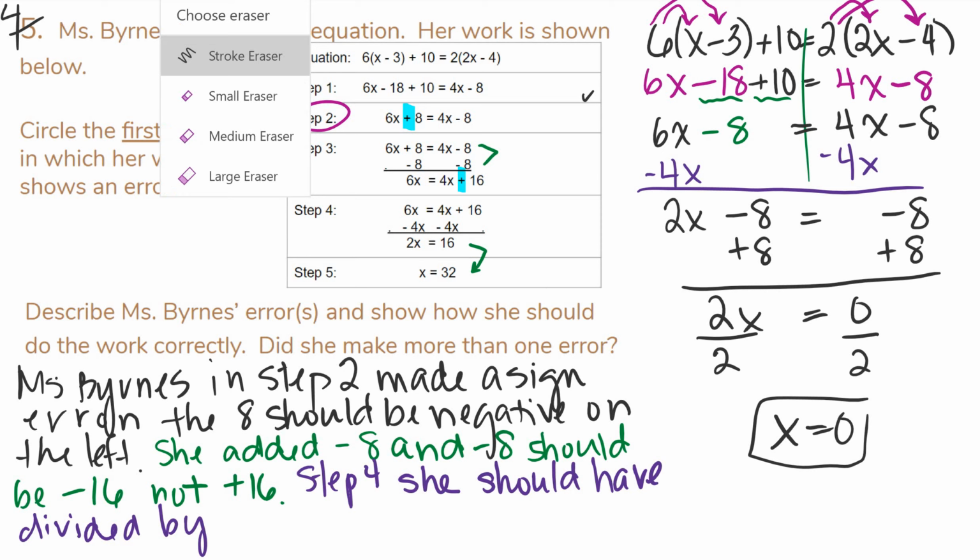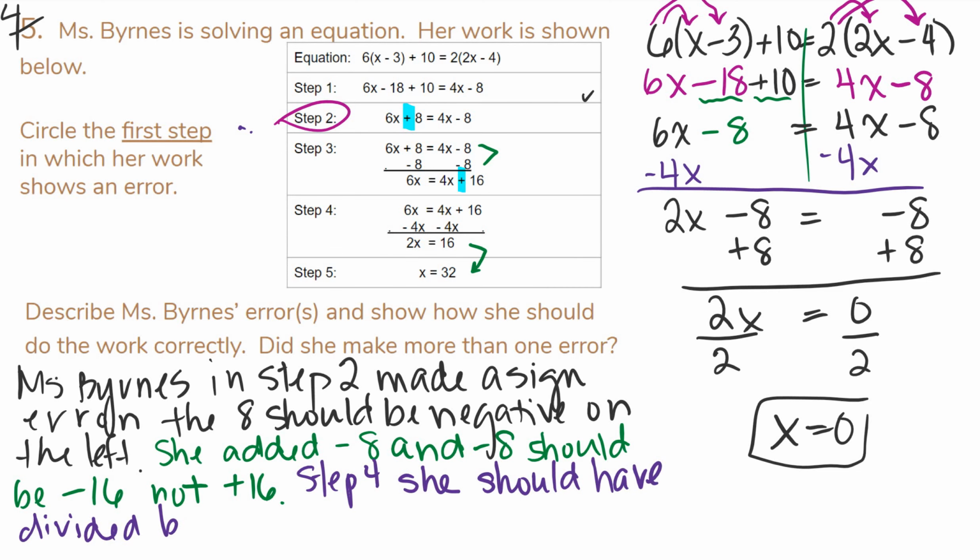Oops, let's see, she divided. She should have divided 16 by 2. Okay, and then the correct answer should be when x is 0.